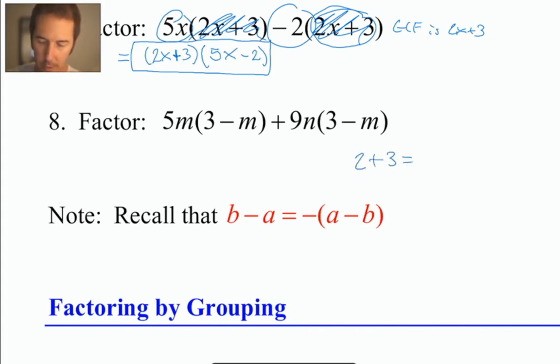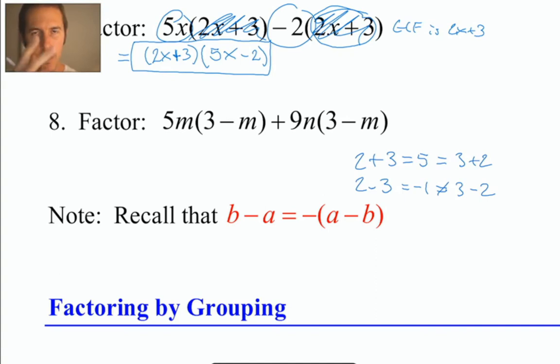Remember that 2 plus 3 is equal to 5, and 3 plus 2 is also equal to 5. So when you're working with addition, you can sort of swap the numbers around on either side of the plus sign. However, 2 minus 3 is equal to -1, which does not equal 3 minus 2. So you cannot take two numbers and flip them around on either side of a minus sign. However, this says b minus a and this says a minus b.